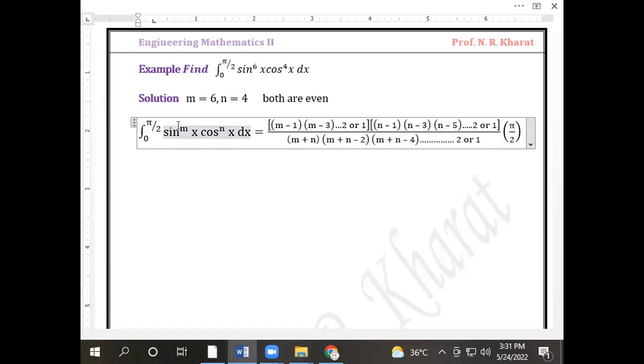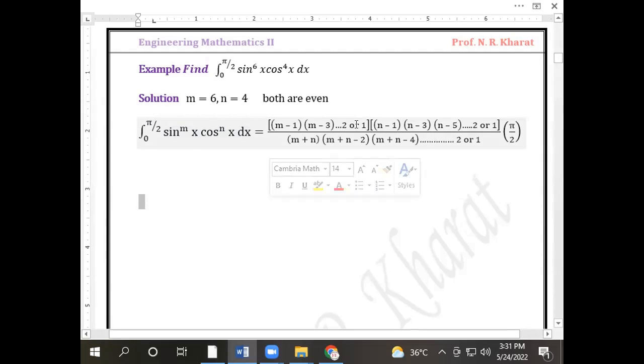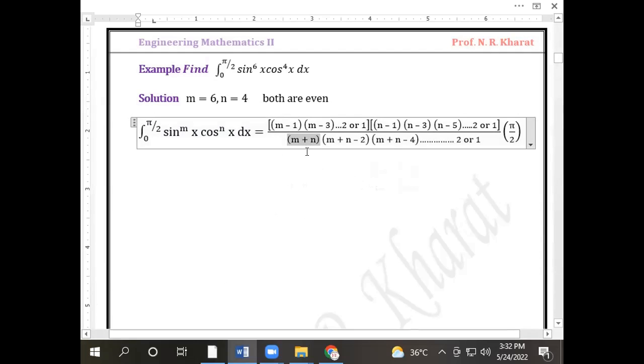So m is equal to 6, so we put the value m equal to 6. The subtraction goes down to 2 or 1. We put the value n equal to 4. Again the subtraction goes down to 2 or 1. And in the denominator, we add 6 plus 4, that is 10. Then from 10, we subtract all the even integers up to we get 2 or 1.